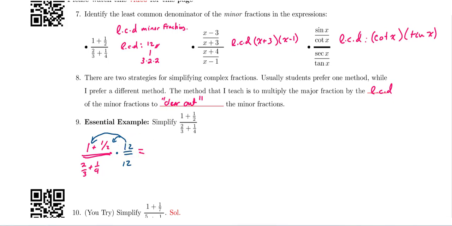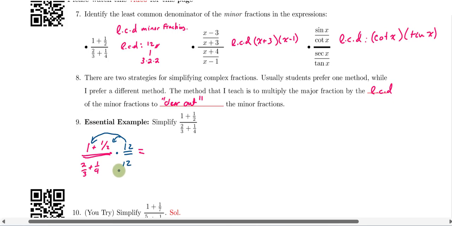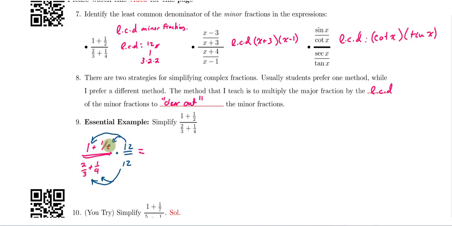So when I go ahead and distribute, and we need to do the same to the denominator, when I distribute 12 to both of those terms, we end up with 1 times 12 plus 1/2 times 12, all divided by 2/3 times 12. Looks like I missed a fraction bar there. Plus 1/4 times 12.